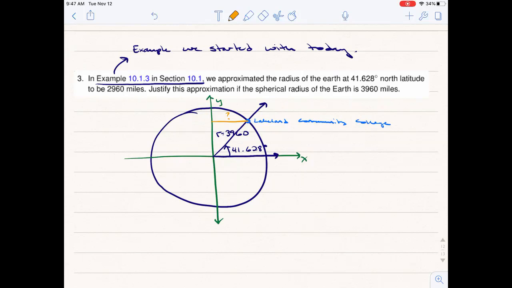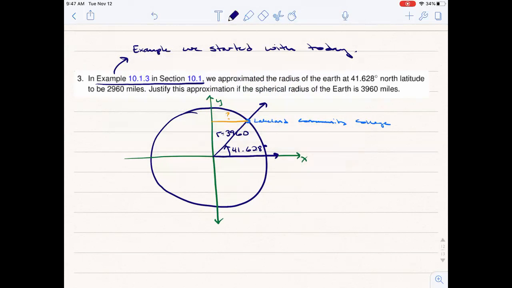Okay. And so we want to know if the approximation of 2,960 miles for that orange distance, right, is that accurate or not? Okay.